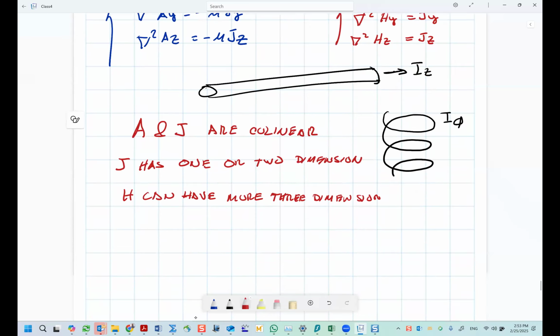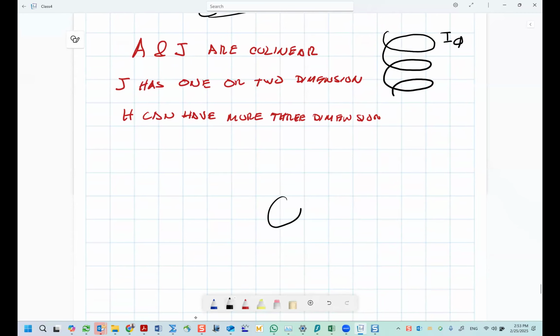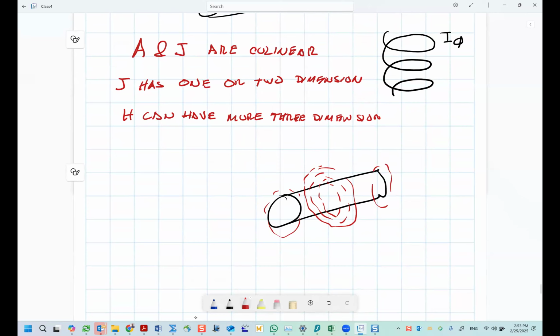Say, this problem that I have here, I have a conductor. But now it's not an infinite conductor, it's a real conductor. If you're going to compute the fields in the middle, it will be perfectly like that. But if you're going to start computing the fields close to the edges, it's not going to be like that.